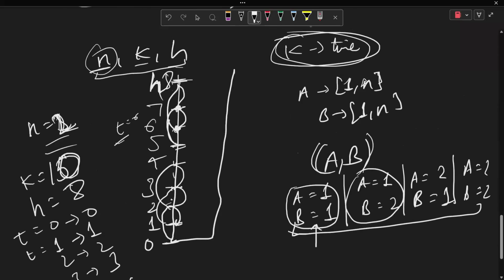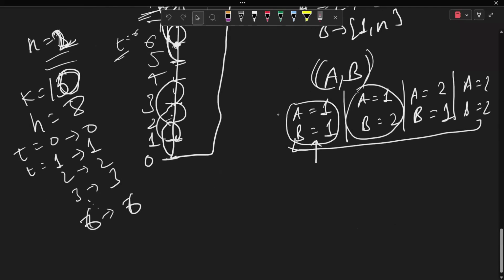Then after that, from 6, you will jump 2 and reach 8. Once you reach this height, you are out of the well. So at the 7th second, you would come out of the well. So you would take 7 seconds to come out. You had 10 seconds, so 7 is enough.